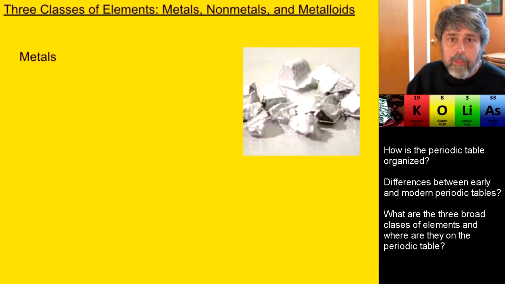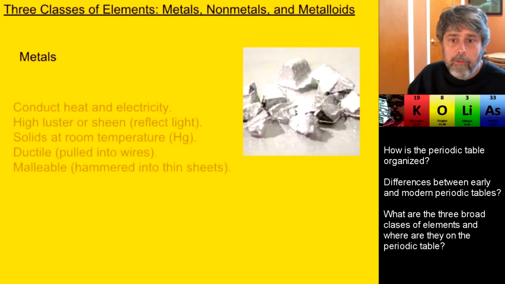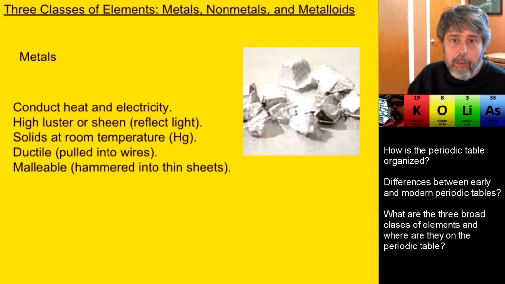Here we'll talk about the three broad classes of elements. We have metals, nonmetals, and metalloids. First, let's look at the metals. Here are some properties of metals. They conduct heat and electricity, which is why we use metals for things like copper wiring. They typically have high luster or sheen. They reflect light. They are mostly solids at room temperature, except for mercury, one exception there.